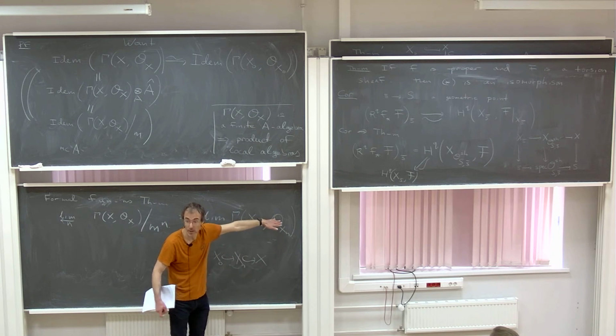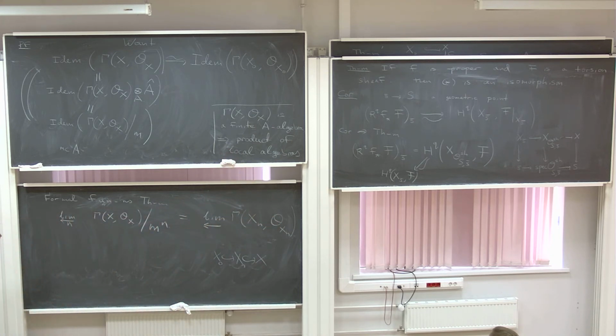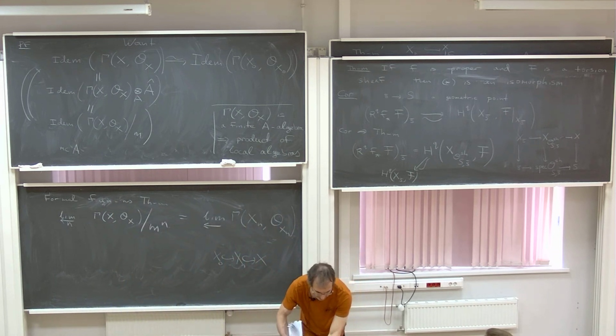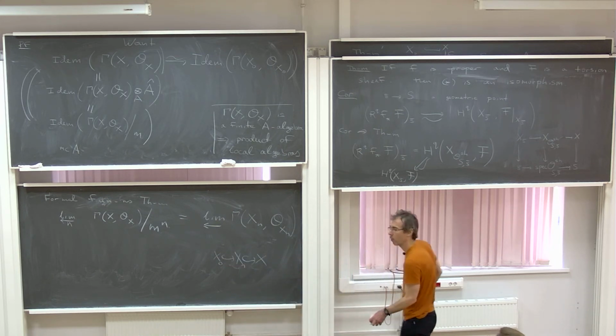These are nilpotent thickenings, you get the result. So this proves the assertion. Okay? So even in this simplest case, the proof is non-trivial. It uses some math, namely this formal function theorem.